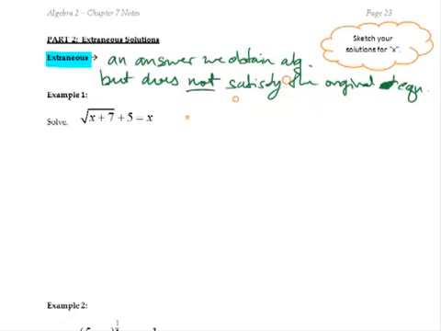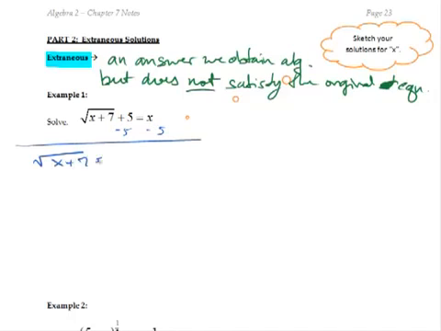All right. Following our steps for this one, we have to isolate the radical. So let's go ahead and move that 5 over. When we do that, we get the square root of x plus 7 equals x minus 5. And when we come in to square both sides, this, ladies and gentlemen, is an example where we are going to have to FOIL. And remember our steps that we skipped before?